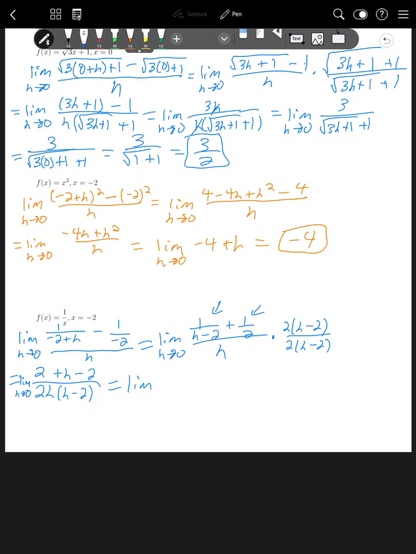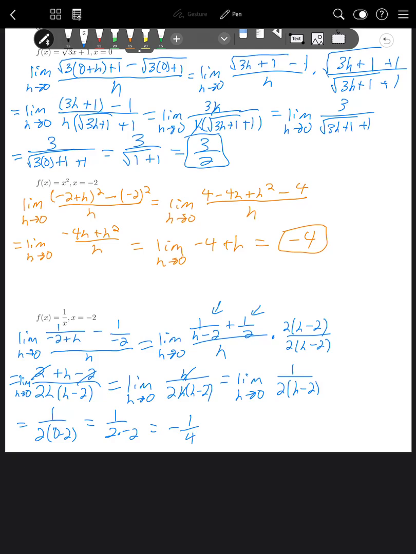So now we can combine like terms on top, and the 2's cancel, 2 and negative 2. So this is h over 2h times h minus 2. And now we can cancel out the h's. So this is the limit as h approaches 0 of 1 over 2 times h minus 2. And now I can plug in 0. So this is 1 over 2 times 0 minus 2, which is 1 over 2 times negative 2, which is negative 1/4.